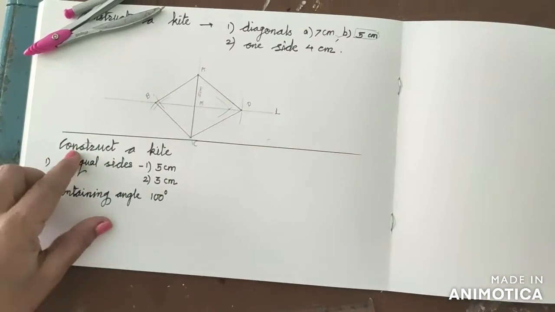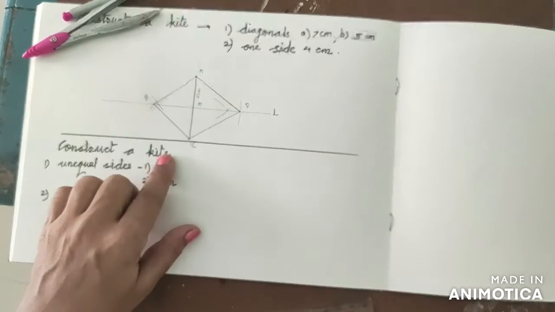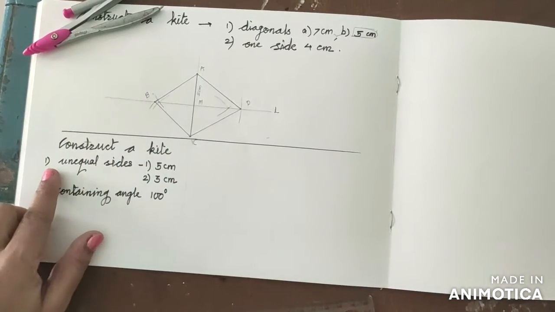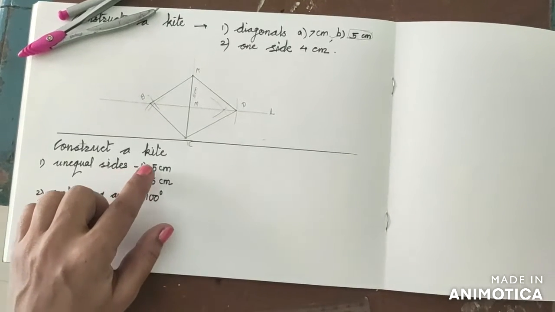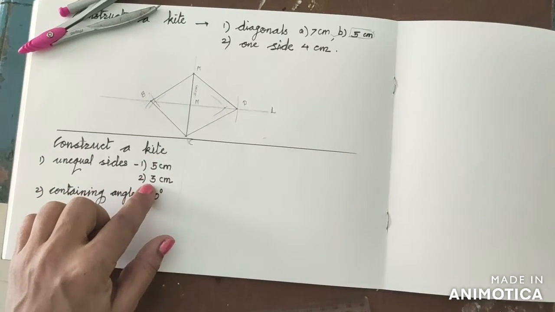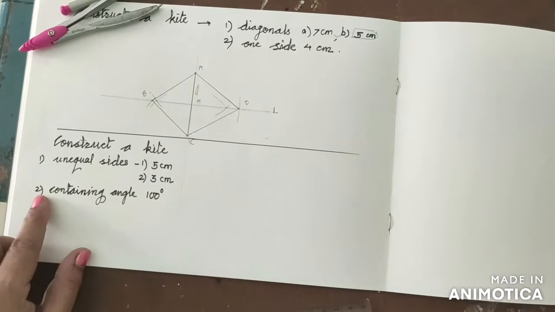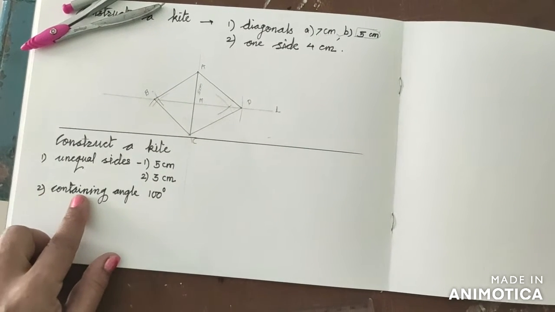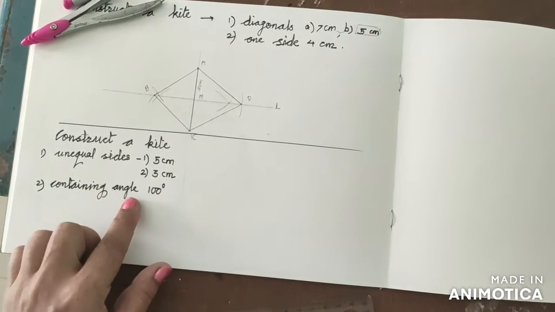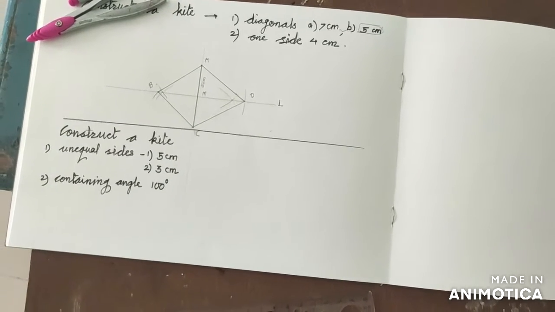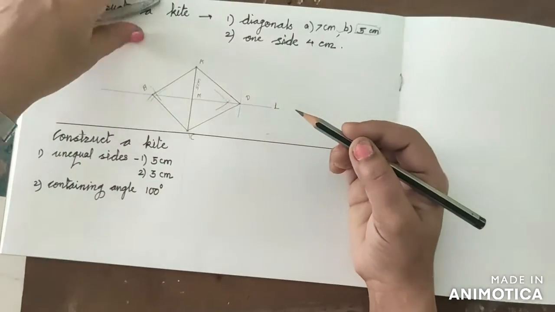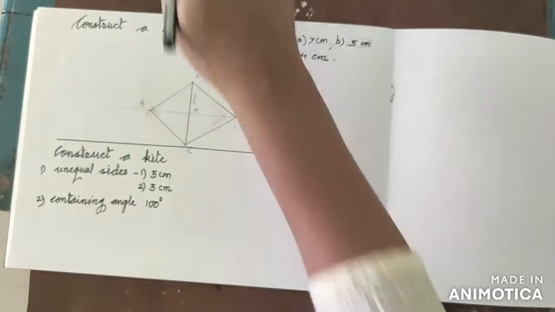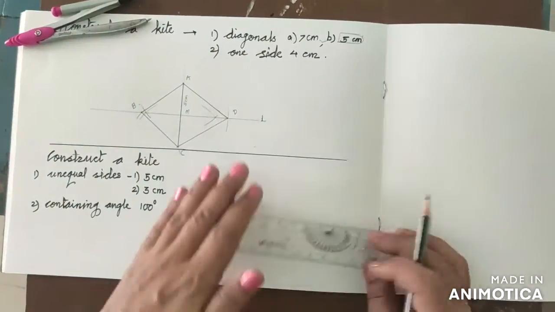So the question is like that: construct a kite with two of its unequal sides being 5 centimeter and 3 centimeter long respectively, and the containing angle being 100 degree. Understand? Likewise, we have such a question in our question paper. So let's start the construction.